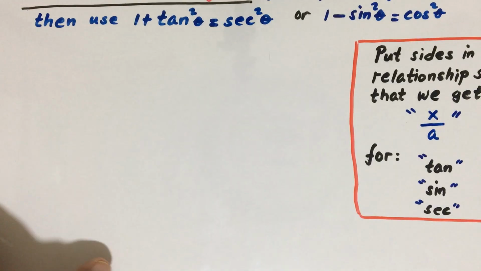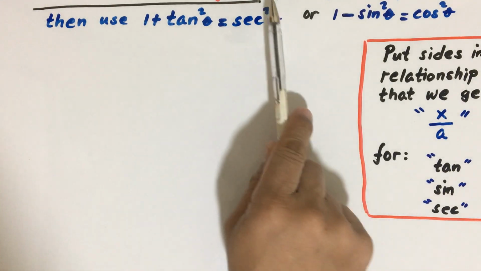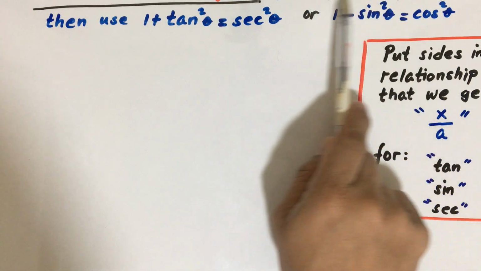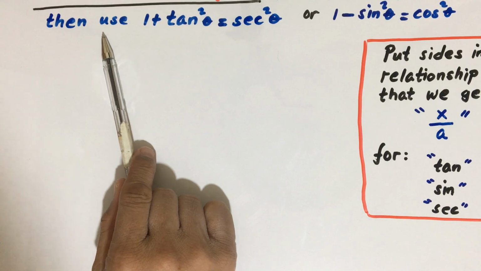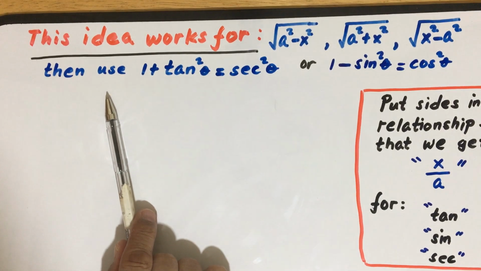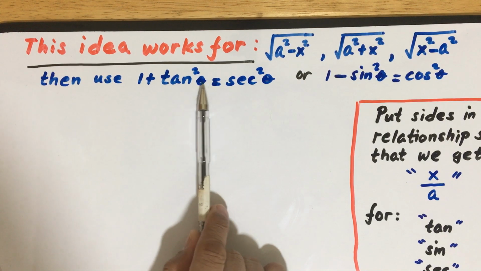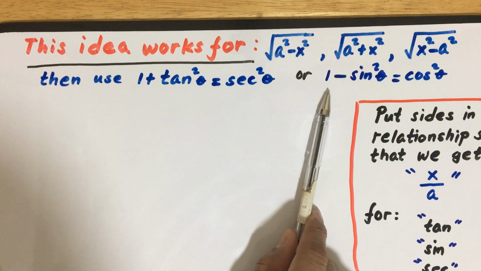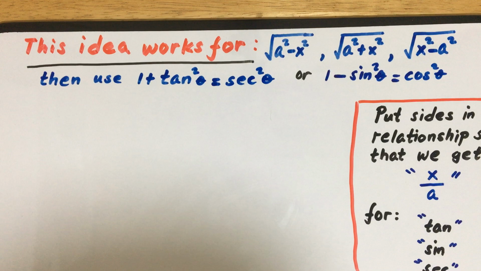So the technique here, class, by the way, this idea works if our integrals contain or involve these square roots. Then after that, we need to use the trigonometric identities. Okay, trigonometric identities: 1 plus tangent squared theta equal to secant squared theta, or 1 minus sine squared theta equal to cosine squared theta.